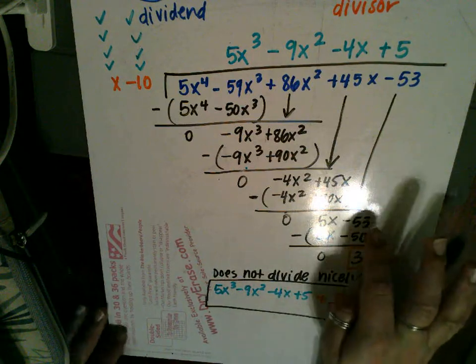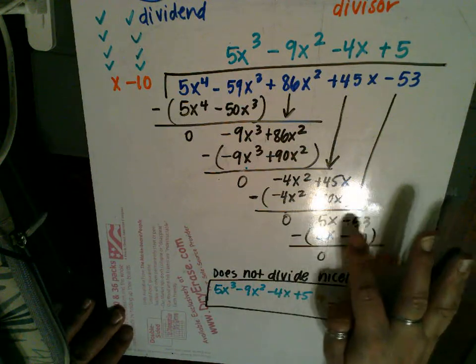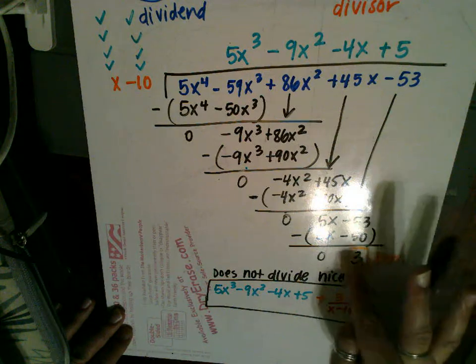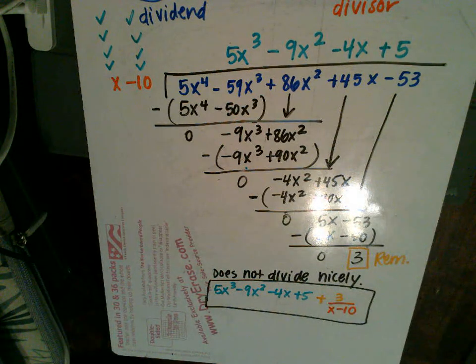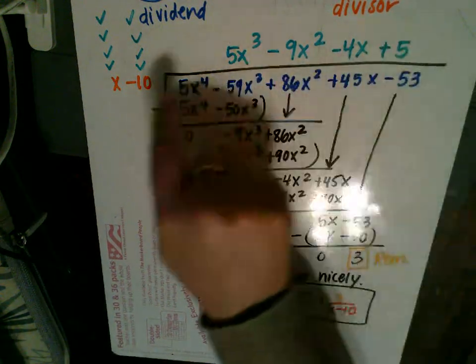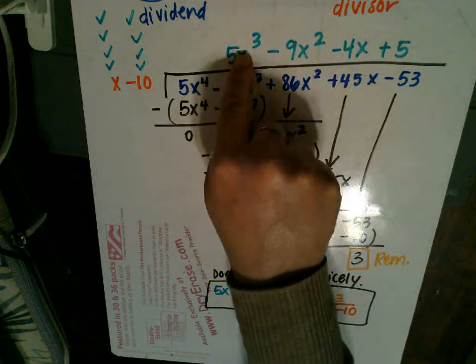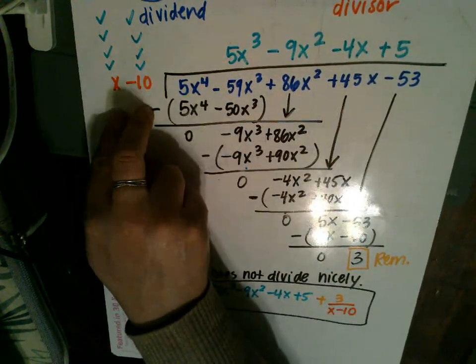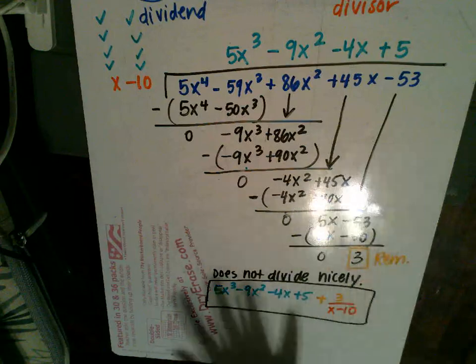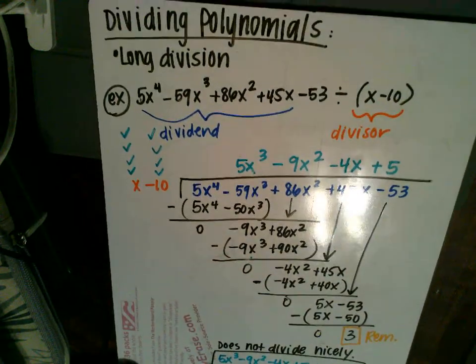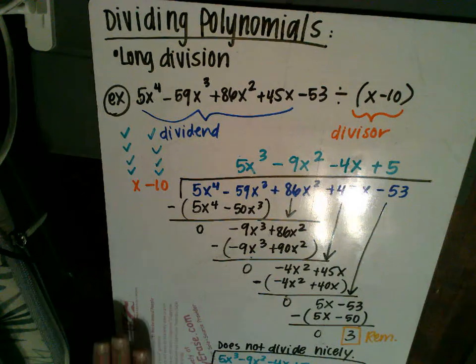If you forgot to distribute the negative here, you might have had negative 103 or something as your remainder. If you mess up your multiplication from this part of your quotient times the entire part of your divisor, that can get you all jacked up. So someone actually created synthetic division as an alternative.